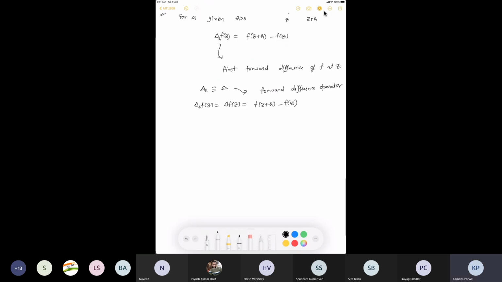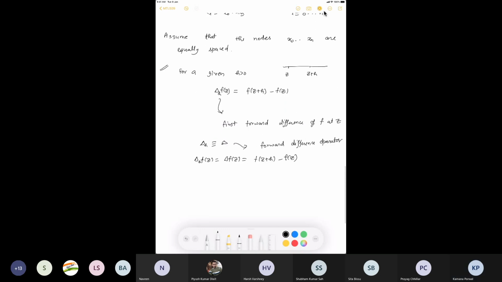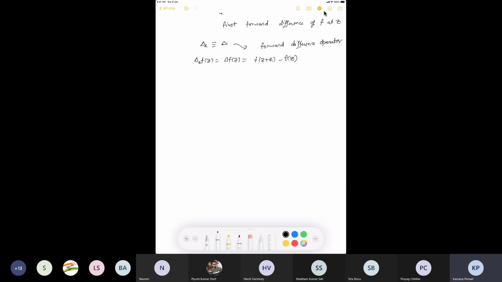Okay, so for example, in the case of equally spaced points x_i, I can write delta of f(x_i). This is going to be f(x_i + h) minus f(x_i), but x_i + h is nothing but x_{i+1}. So this is f(x_{i+1}) minus f(x_i).